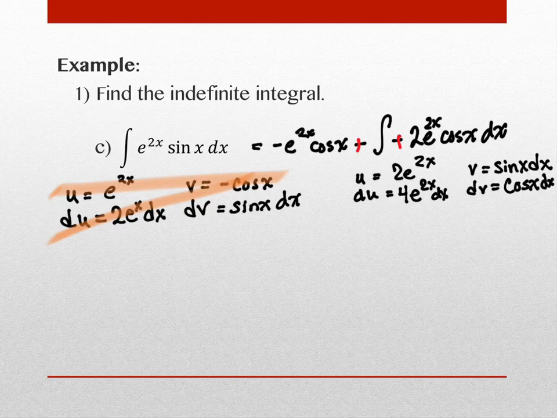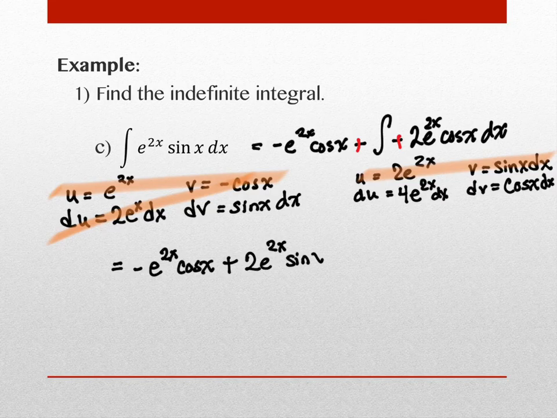Okay, so writing down what we have, in the right order: negative e to the 2x cosine of x. And then it's going to be plus the line across the top, so 2e to the 2x sine x.